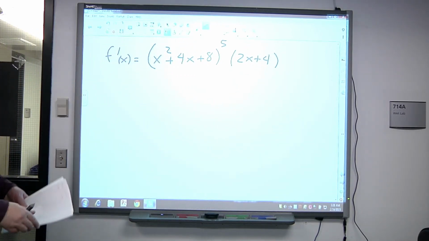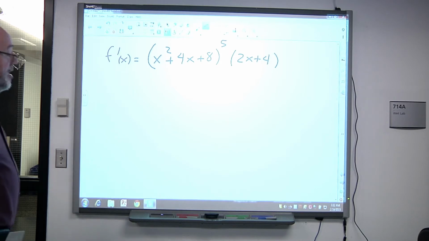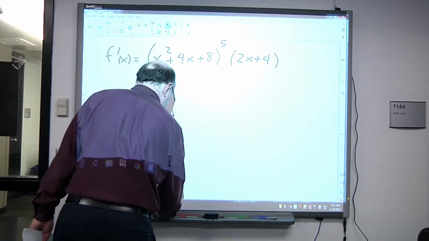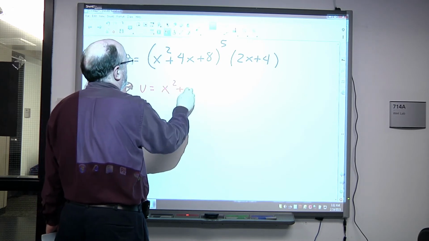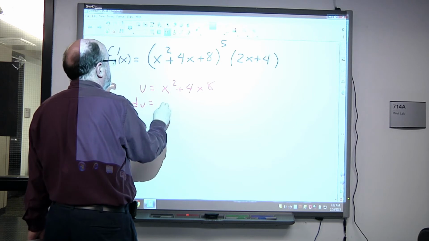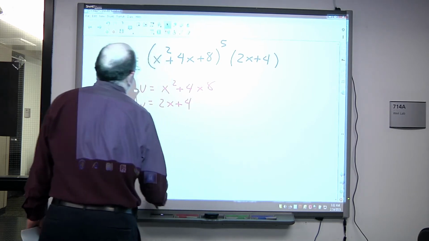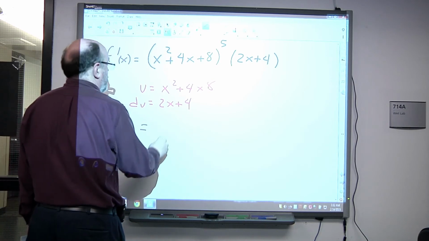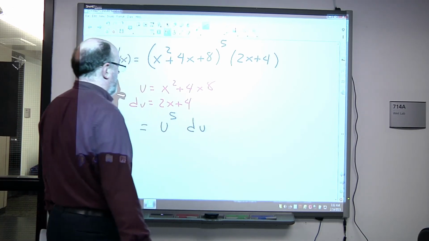Well, I'm going to do this one, and we're going to make use of that basic rule I had earlier, that ax to the n, and how I can integrate that. And so we're going to do a little substitution here. I'm going to say u is going to be x squared plus 4x plus 8. The derivative of that is 2x plus 4. So now we get u to the 5th du.